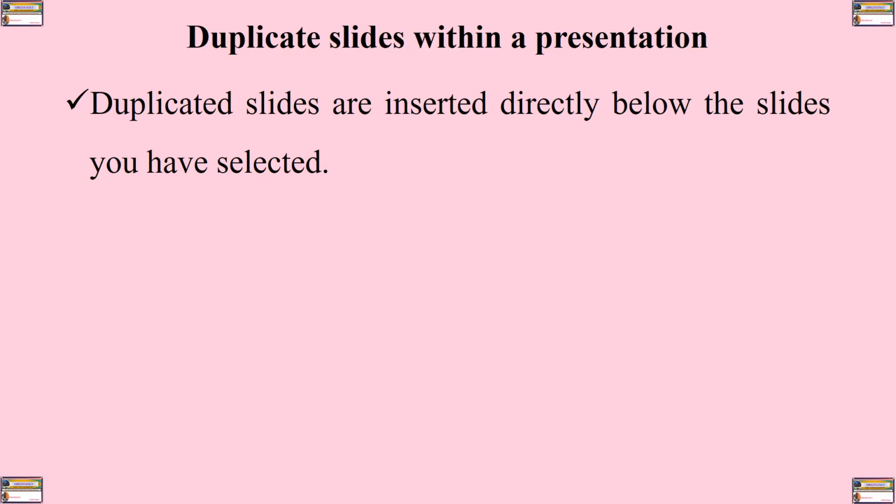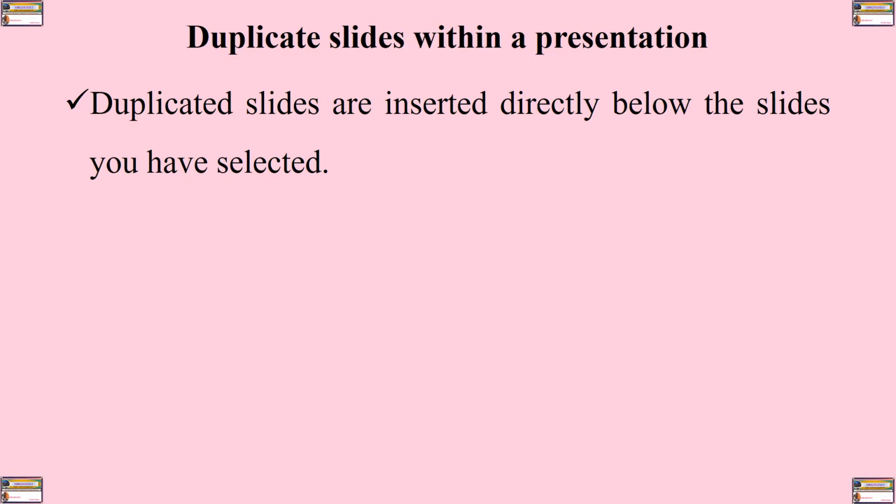Duplicated slides are usually inserted directly below the slides you have selected. Now, the question that many students normally ask is, what is the difference between duplicating slides and copying slides? The difference is when you duplicate a slide, its duplicate is inserted just next to it automatically. But when you are using copy, once you copy a slide, you are the one who decides where you are going to position that slide, as you are going to learn.